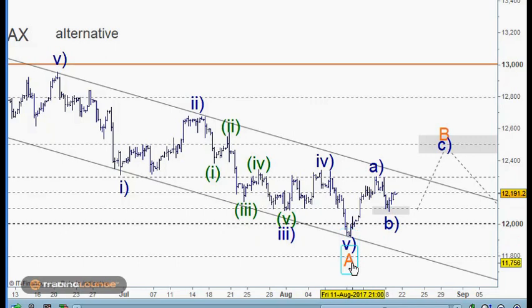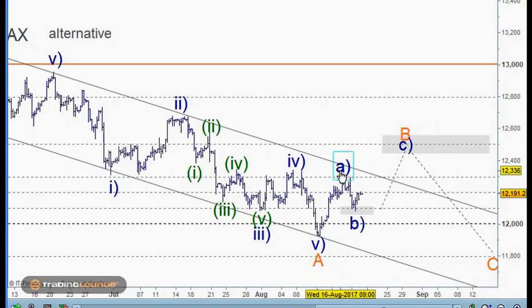So in that case, it would make wave A here, and instead of having wave 1 up here, we have wave A, because wave A can be in 5 waves or 3 waves, then wave B pulling back, and then wave C up here. So we've got an A, a B and a C wave here. And then this is where it can fail. It can fail at the 12,500 here, which is also the 61.8% from that high to that low.